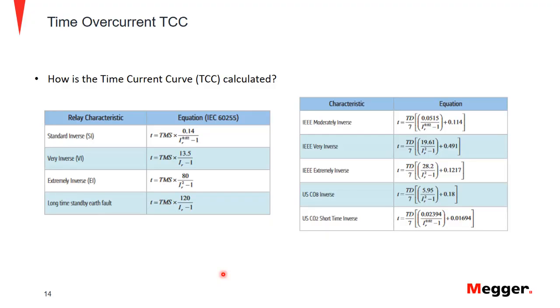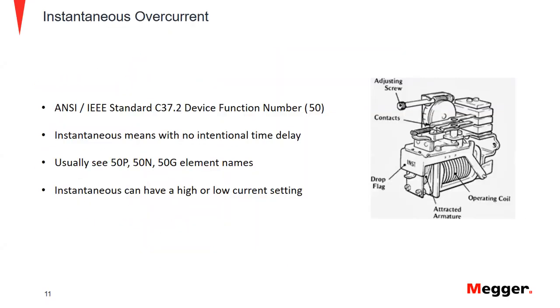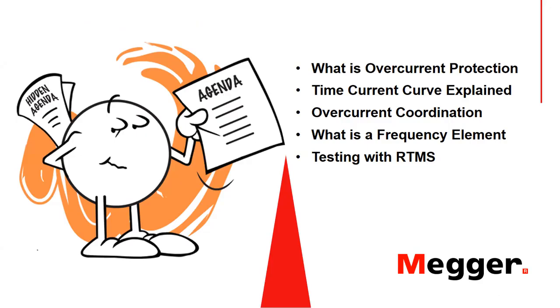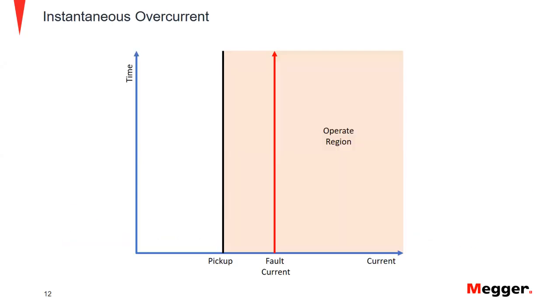The difference is TAP, the value of TAP is actually nothing but your pickup value for the overcurrent element or over voltage or what kind of relay you're using. Whereas the PSM, which is the abbreviation for plug setting multiplier, is actually the ratio of the fault current to the pickup current of the relay. So there is a minor difference between the TAP and the PSM. So I hope I answered the question.